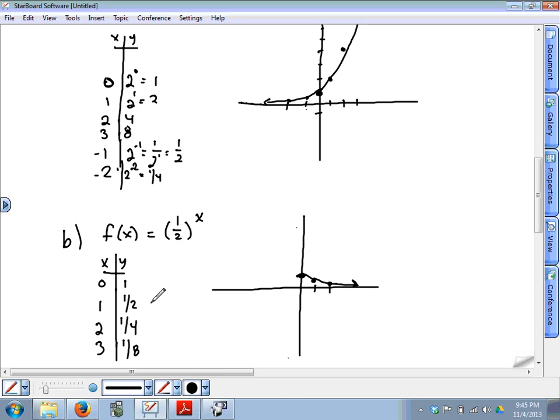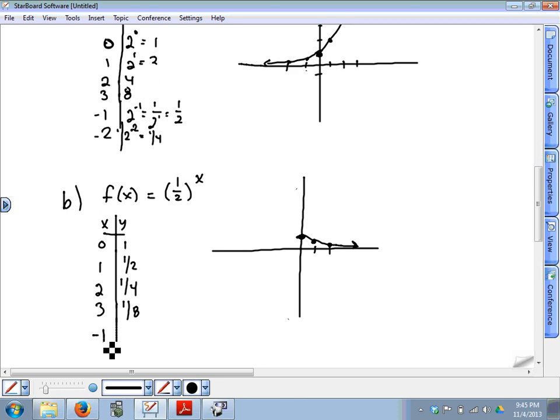Now on the other side of the y-axis, when x takes on negative values, -1 for example, we have 1/2 to the negative first power. What we're trying to figure out here is what's 1/2 to the negative first power? Well, when you have a fraction that's raised to a negative exponent, what you can do is invert the fraction or make the fraction into its reciprocal.